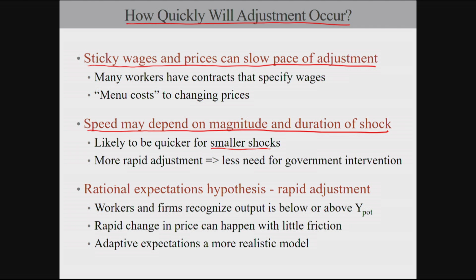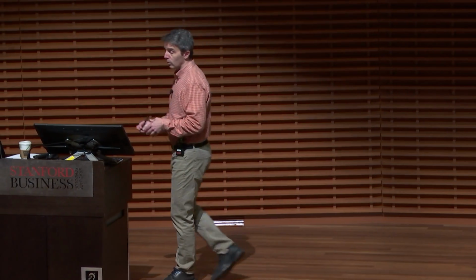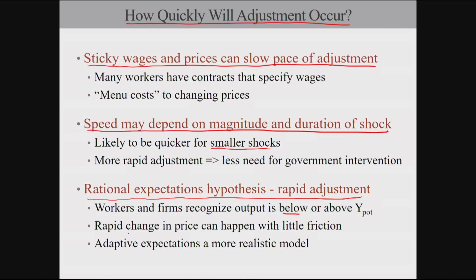But the neoclassical view would have this rational expectations hypothesis that basically people are going to expect this adjustment will happen. Workers and firms will recognize that output is below, let's say, potential output, and a rapid change in price can happen with very little friction.